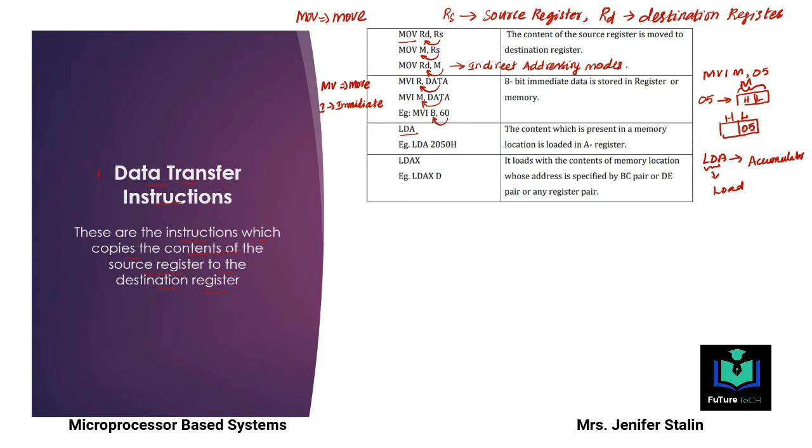So, load the accumulator. In LDA 2050, the content present in the memory location is loaded into the A register at the end of the LDA 2050 operation.